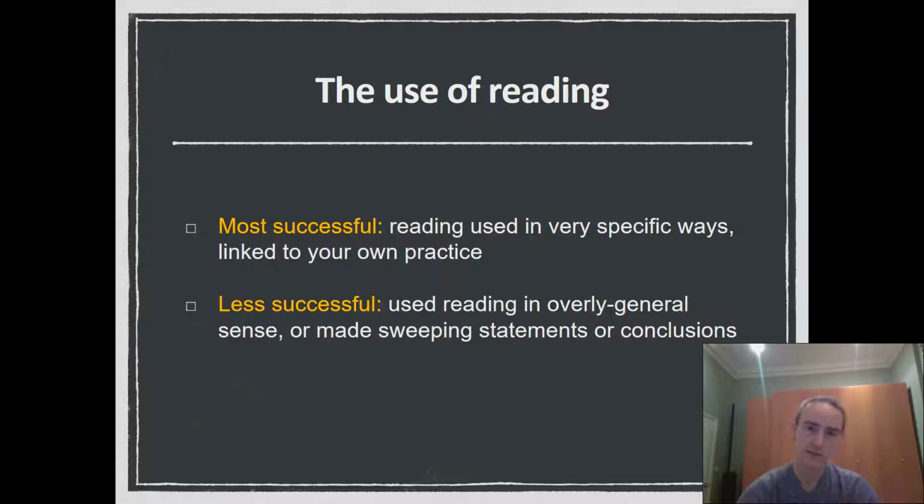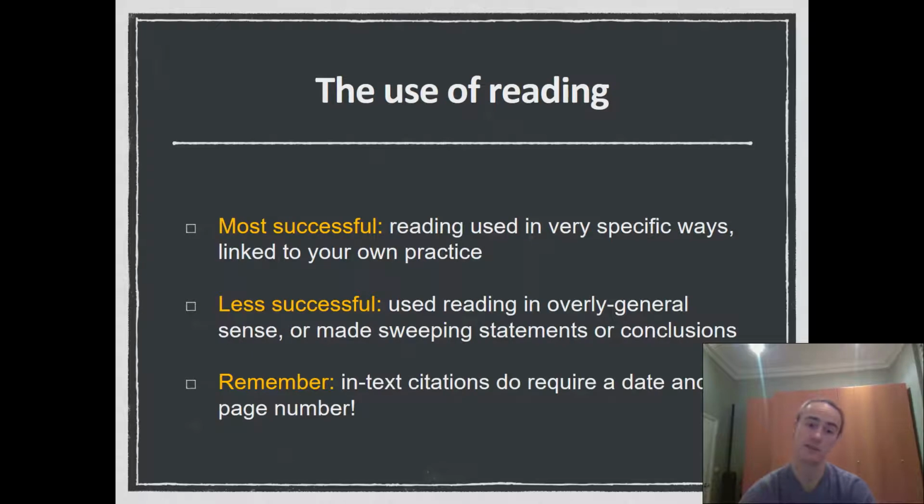And certainly in this idea about sweeping statements, conclusions, really at master's level, we're not claiming to know everything. If you're referencing someone like Hattie, you really need to be very specific about where these ideas are coming from.